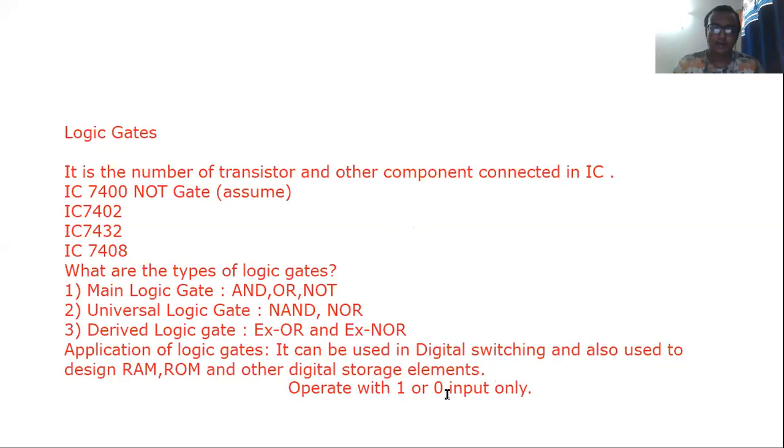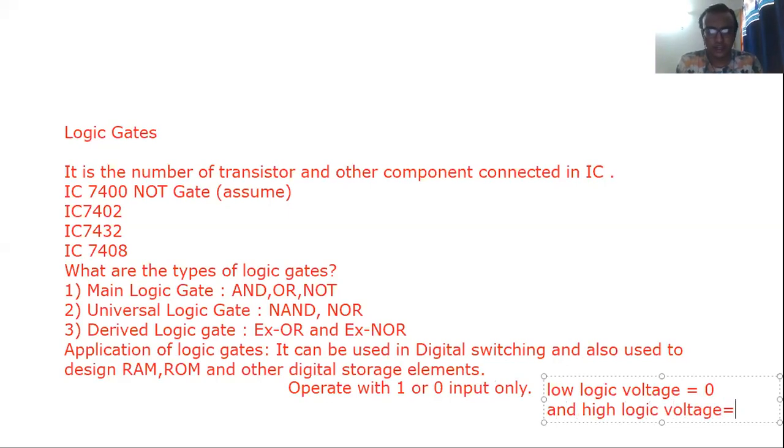Why? Because a digital signal can be considered as one type of specific voltage level, 0 or 1. 0 means low logic voltage, equal to 0, and high logic voltage equal to 1.